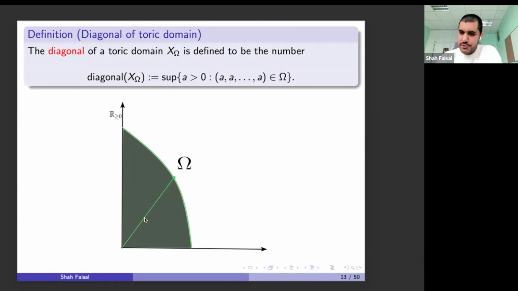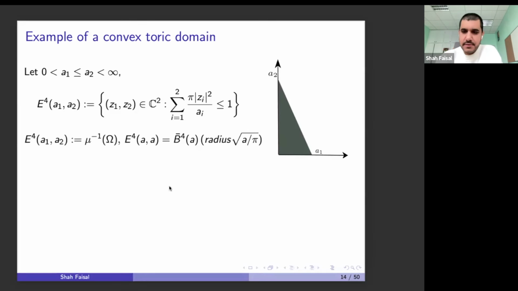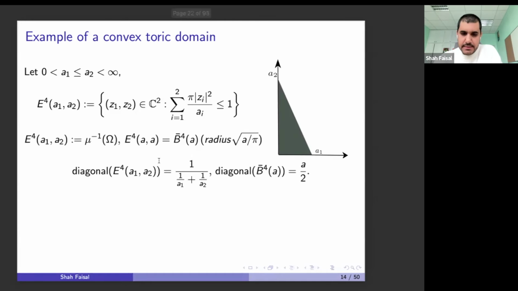Some examples that will appear in this talk are the following. If you take the domain omega to be a triangle with sides A1 and A2, then the corresponding toric domain is an ellipsoid. And the diagonal for this ellipsoid one can compute to be this number.